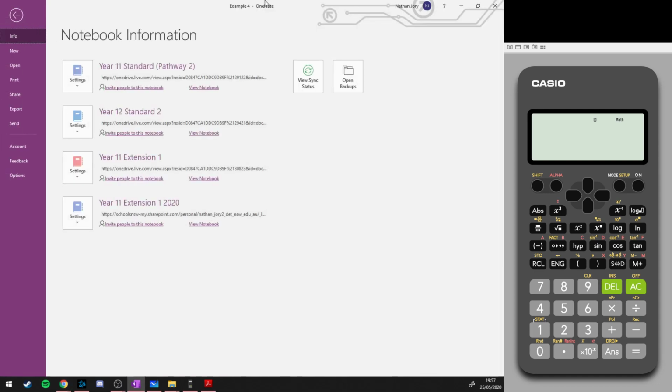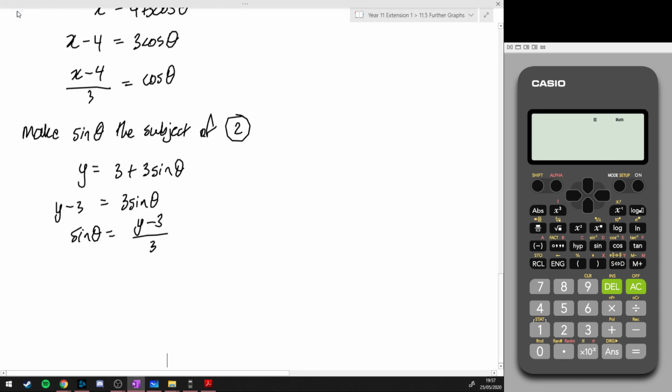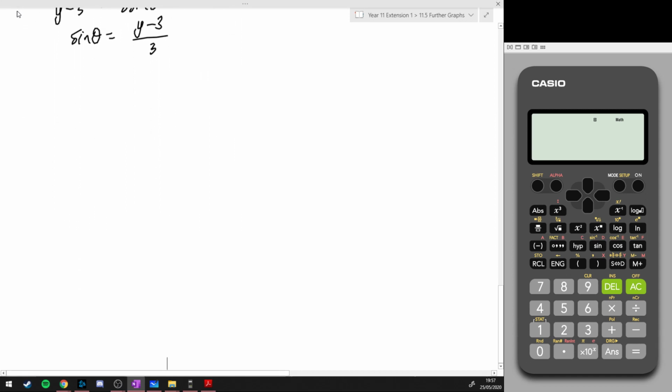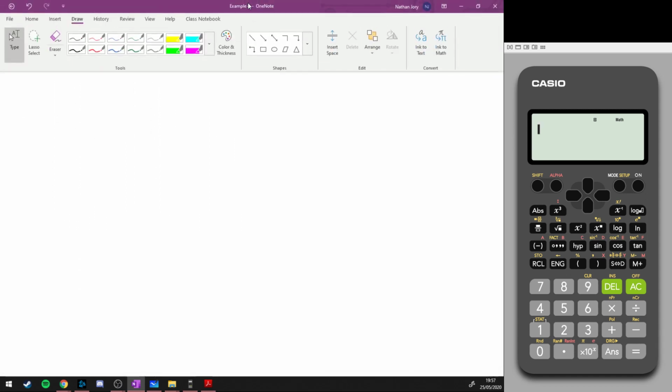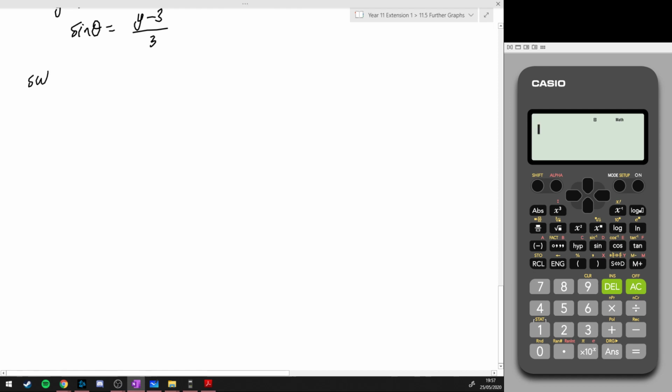Now, once we've done that, we're going to substitute sine and cosine into our trigonometric identity. So sub cos theta and sine theta into cos squared theta plus sine squared theta is equal to 1.